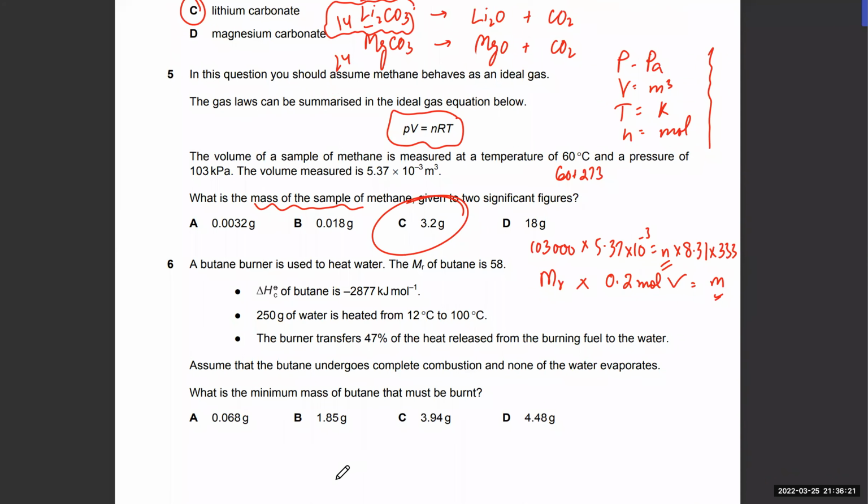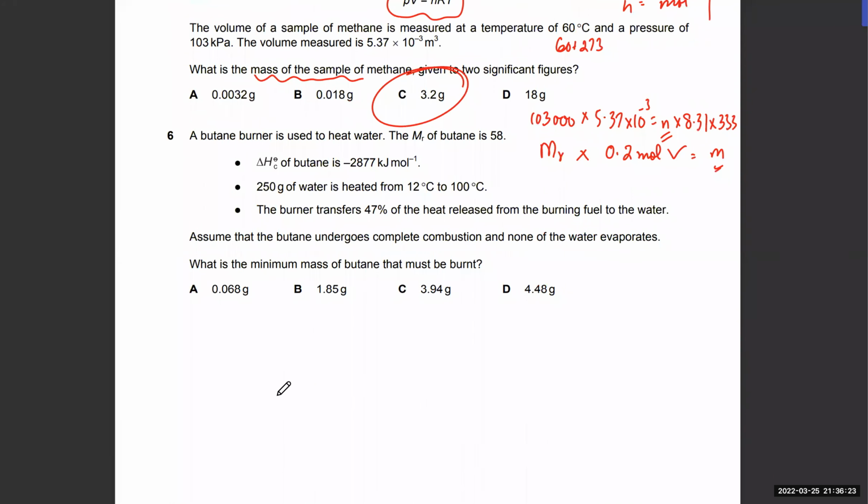Here's enthalpy of combustion. This is an mc delta T question, I think. This one: a butane burner is used to heat water. The amount of butane is 58. So delta H c of butane. So there's a butane burner, there's butane which is burning, right? And it's producing heat.